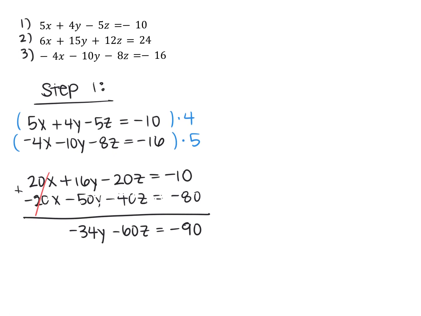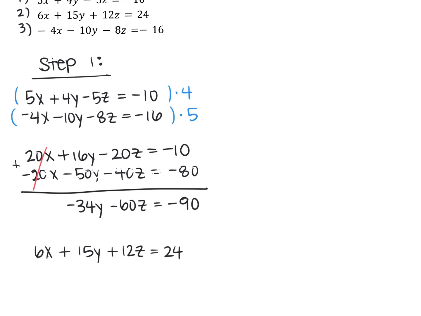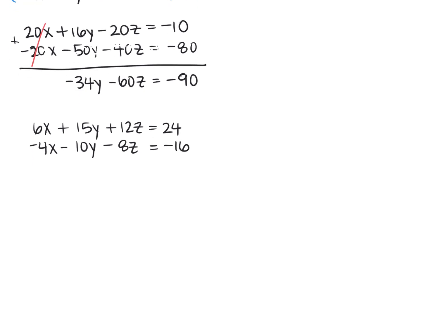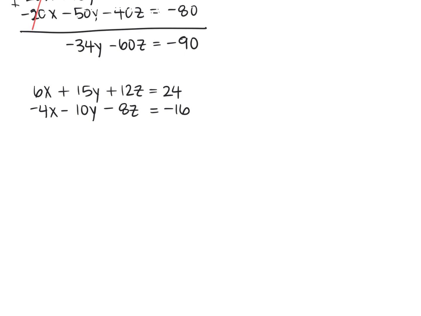Now for my second set of two equations, I haven't used equation 2 yet, so 6x plus 15y plus 12z equals 24. And then I'm going to reuse equation 3. And again, because the x already has a negative in front of it, that way I don't have to multiply by a negative. In this case, when I'm trying to eliminate x, 4 and 6 can both be made into 12.